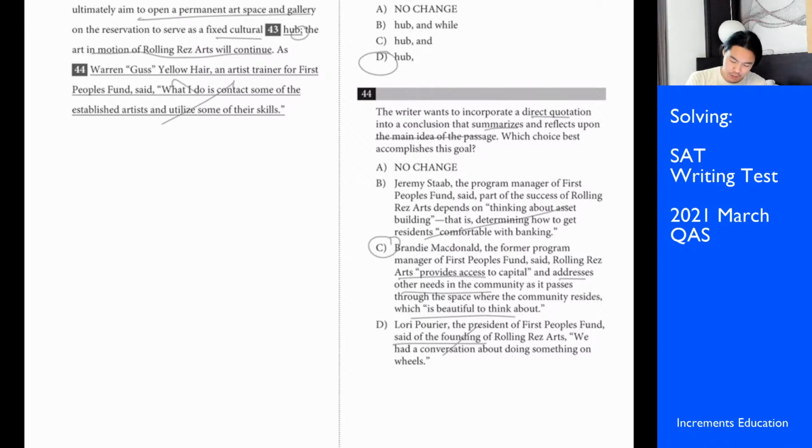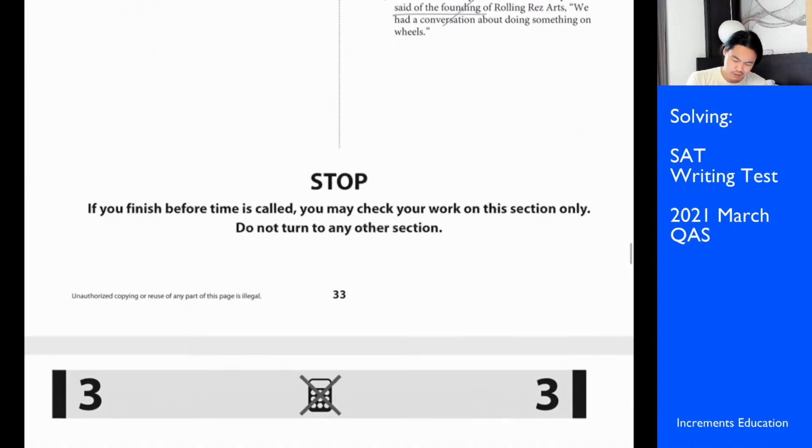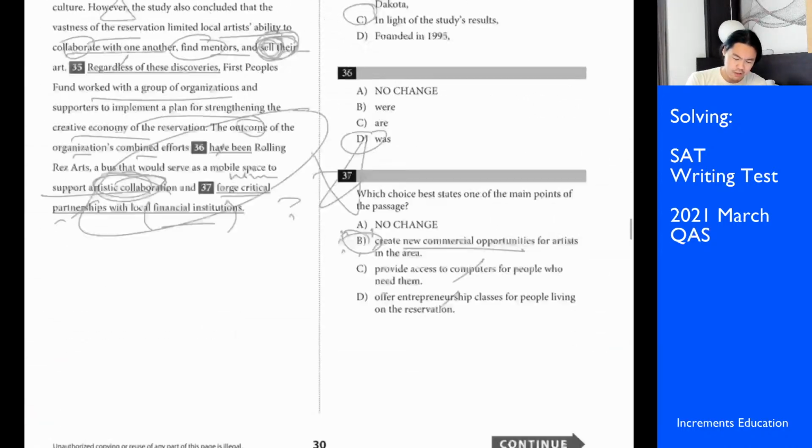What I do, his job is irrelevant. Thinking about comfortable with banking. No. So the said provide access to, right? That's good. And addresses other needs as it passes through space. Just beautiful to think about. It's kind of a weird thing, but I'm gonna stick with it.